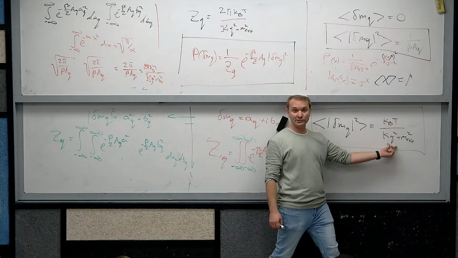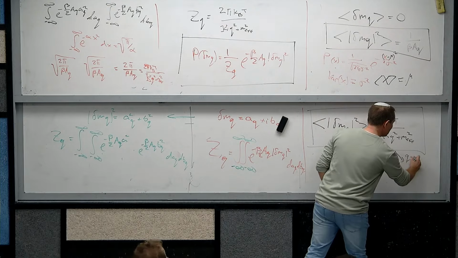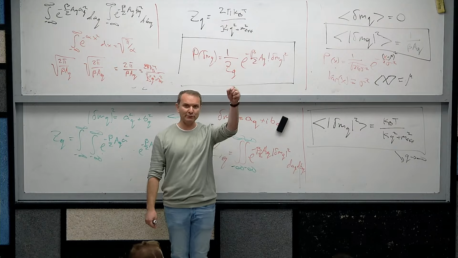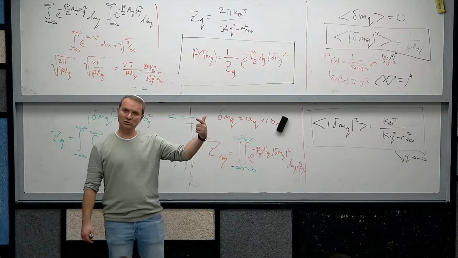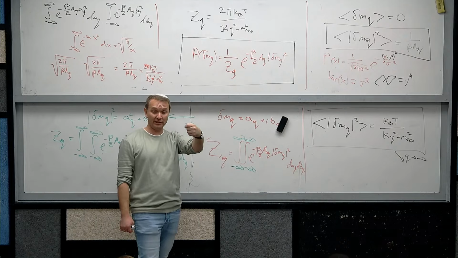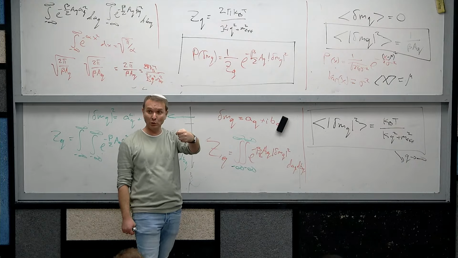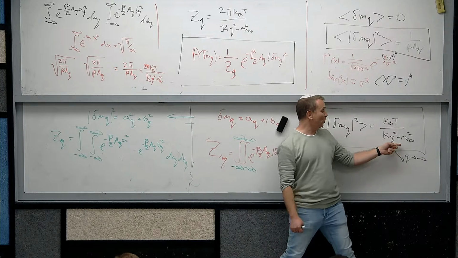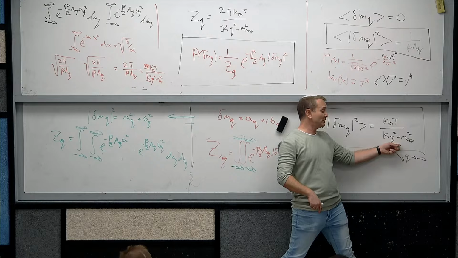So when q is large, what is large q? Very fast fluctuations, right? Large q is 1 over the wavelength that corresponds to the fluctuation. Large q, small lambda, small wavelength. And for small wavelengths, fast local fluctuations, this goes to 0.